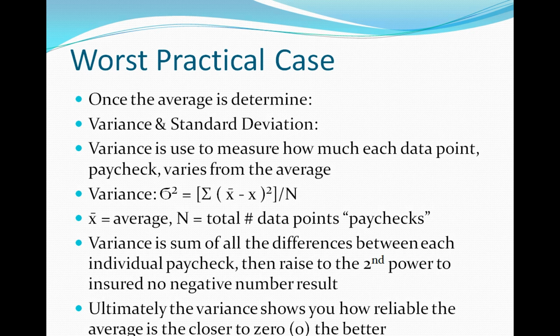Once you determine the average for each income source, then we're going to do variance and standard deviation. Variance we're going to use to figure out how reliable your average is. Like I said in the first video, for some of you guys, using the average is going to be okay because your income's not fluctuating a lot.